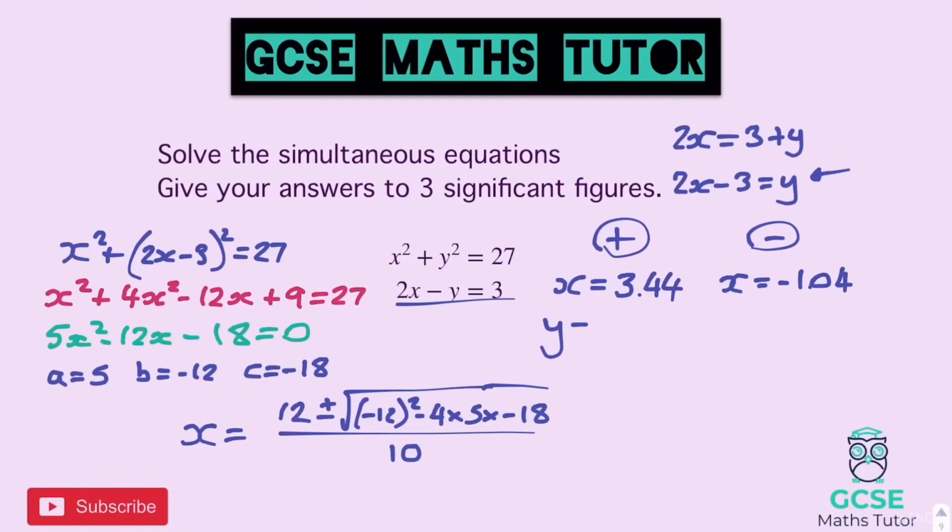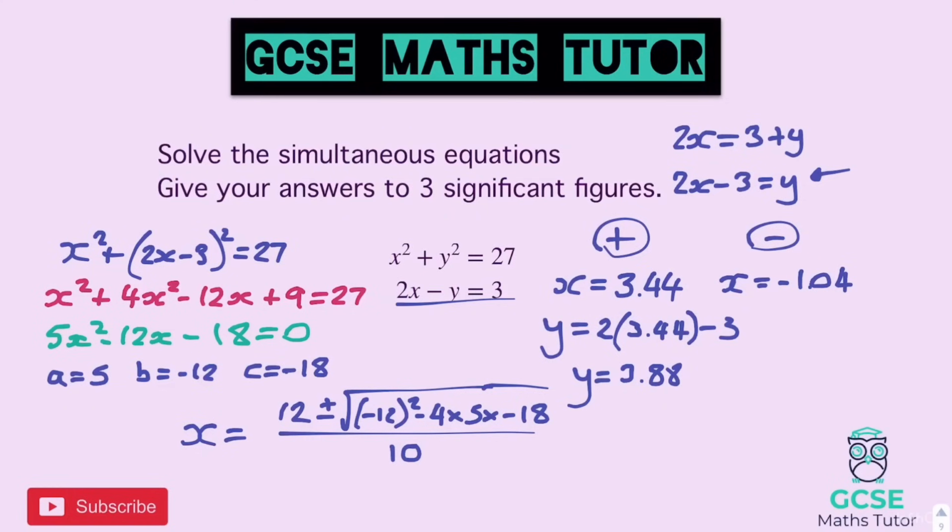So y equals 2 lots of 3.44, take away 3. If we type that in, 2 times 3.44, take away 3, we get 3.88. So y equals 3.88.